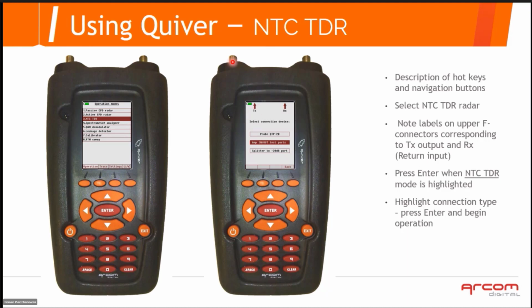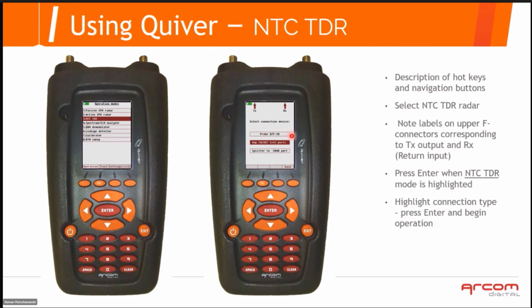Now, left-hand side port is for transmitting TDR signal to the network. The right-hand side port is for receiving return signal containing reflected TX signal.